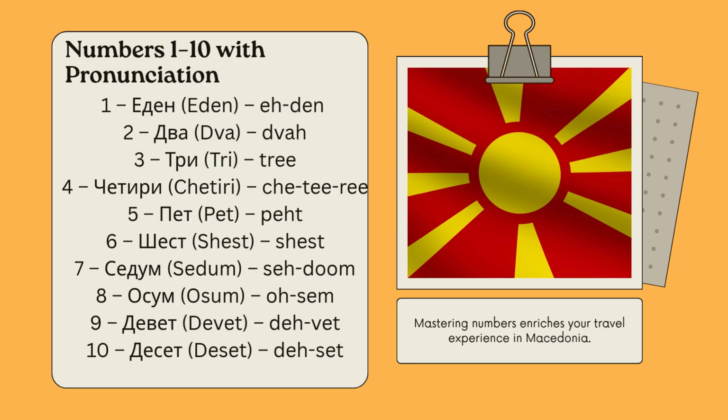Here are all 10 numbers with the pronunciation. Eden, which means 1. Dva, which means 2. Tri, which means 3. Chetiri, which means 4. Pet, which means 5.